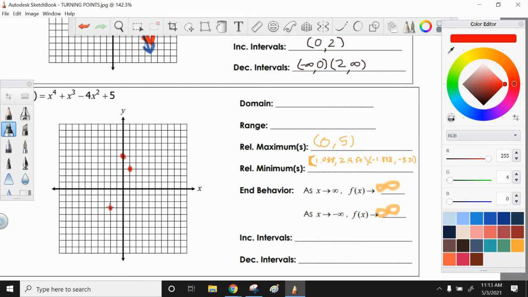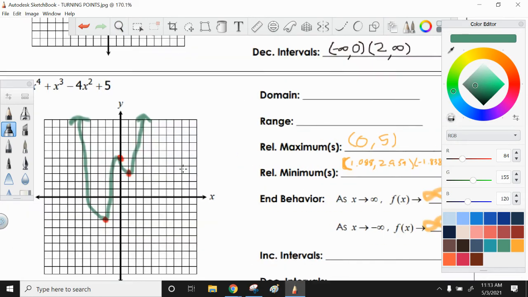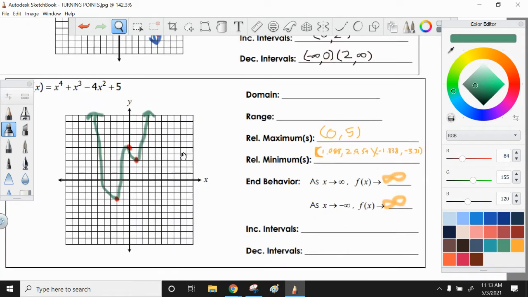Look, it doesn't have to be perfect, as long as we've got these labeled perfectly. Obviously you can't be expected to graph these like a robot. We know that we're an upwards facing W, so we should look like this, something like that. And we're almost done.